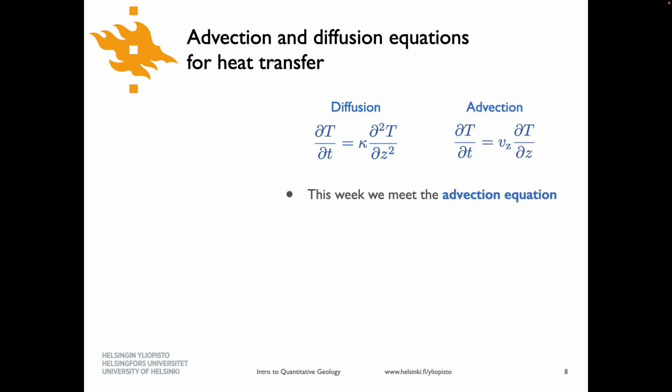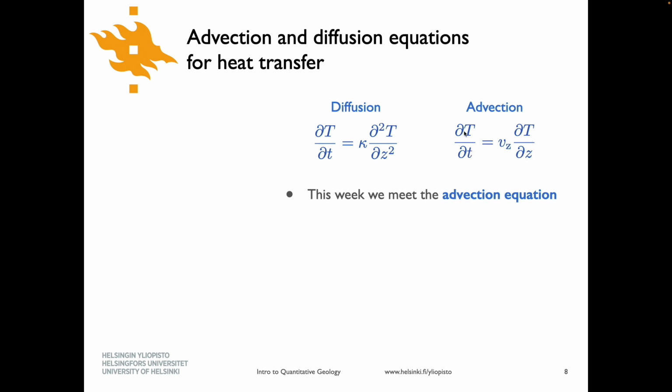Now, advection as a mathematical equation doesn't look that different. We have, again, a dT/dt term here, so change in temperature with time. In this case, it's multiplied by a scalar, which is Vz, representing a velocity. Since we're considering this problem in one dimension, which is only vertical, it would be the vertical component of the velocity that matters here, multiplied by the temperature gradient, so dT/dz.